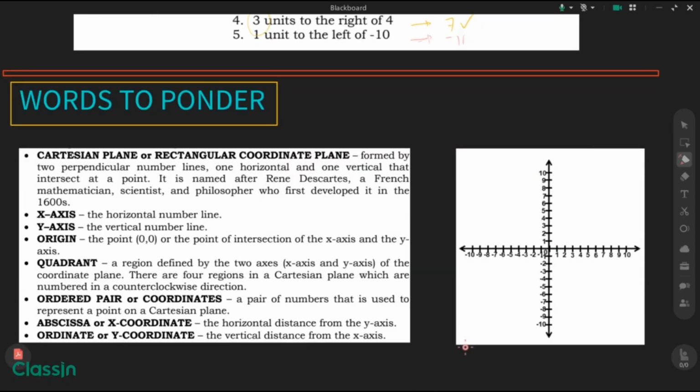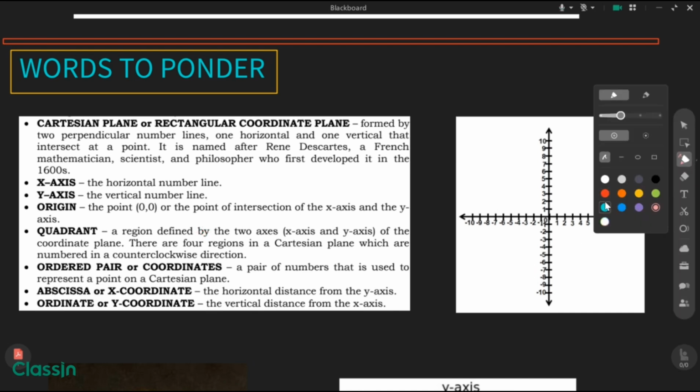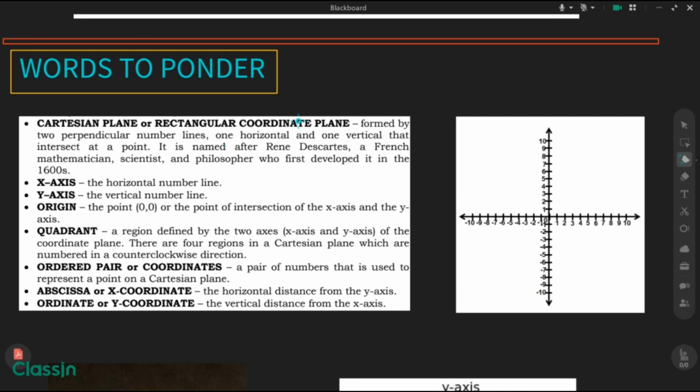Now, let's move on with our words to ponder to our new lesson. Okay, so we have here the Cartesian plane, or also known as the rectangular coordinate plane. So it is formed by two perpendicular number lines. One is horizontal and one is vertical.